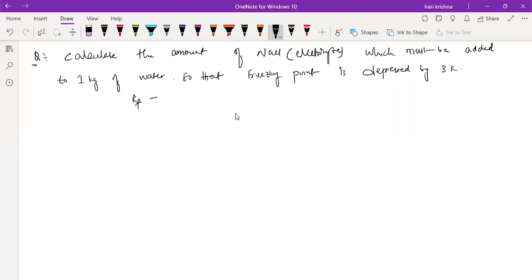And Kf of the water is 1.86 Kelvin kg mole inverse. Okay, so what is the answer for this? So first, which formula do you have to use in this case?